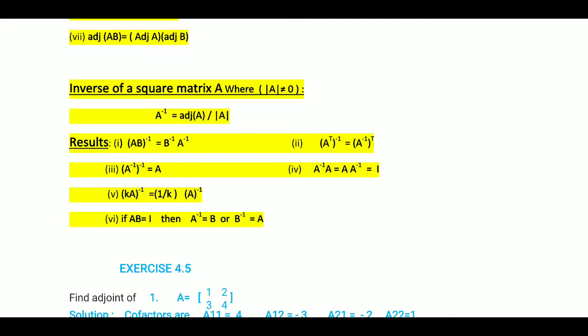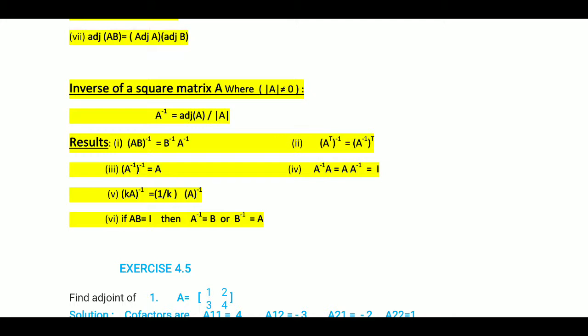That will give you the same value as if you find the inverse of that matrix and then transpose it. It means transpose and inverse are interchangeable. Third, A inverse inverse. We find A inverse, then again find its inverse. We will get the same matrix.